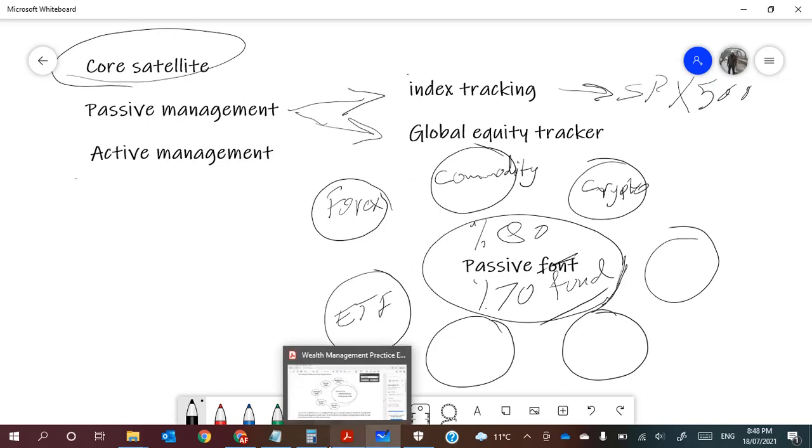Going back to this picture, the core, as I said, can be run on an enhanced index basis, or you can just replicate the index, or you can choose your own basket.